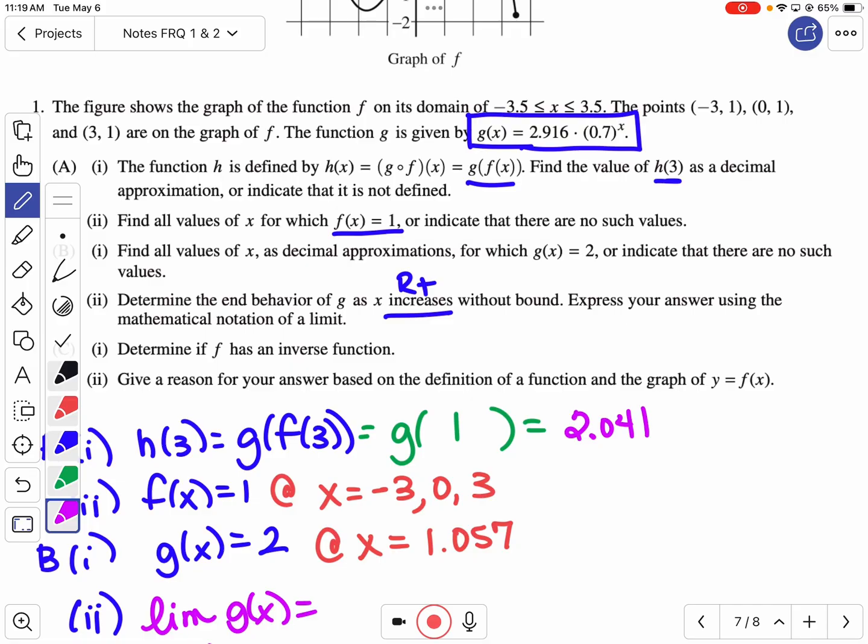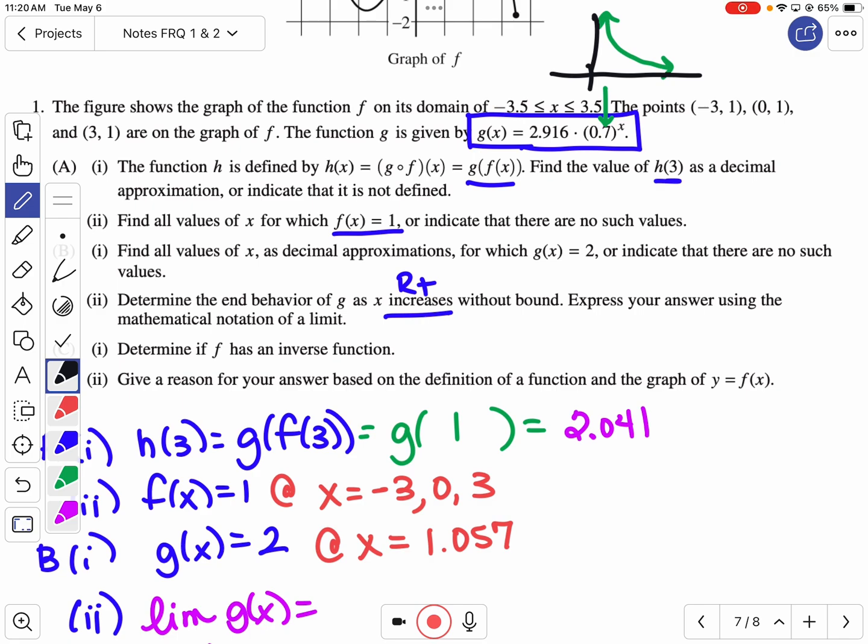Is it exponential growth or exponential decay? It is decay. Why is it decay? Yeah, we got a fraction inside of there. So it is exponential decay. Now, we have to remember with an exponential function, it doesn't decay to infinity.